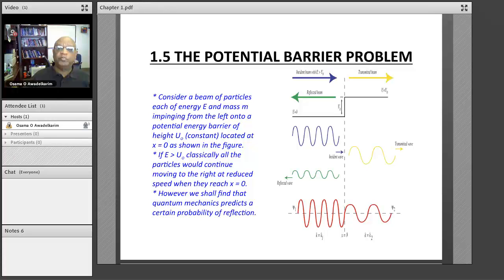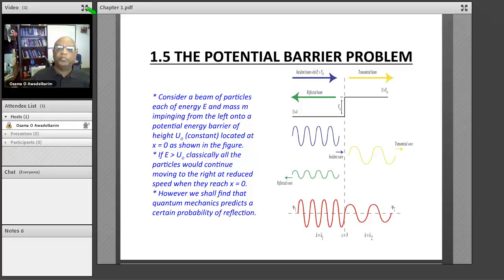And let me start by describing the problem. Here we imagine that we have a beam of particles. This beam of particles that I show as a blue arrow here, each particle has an energy E which is larger than some value or an energy barrier U naught.